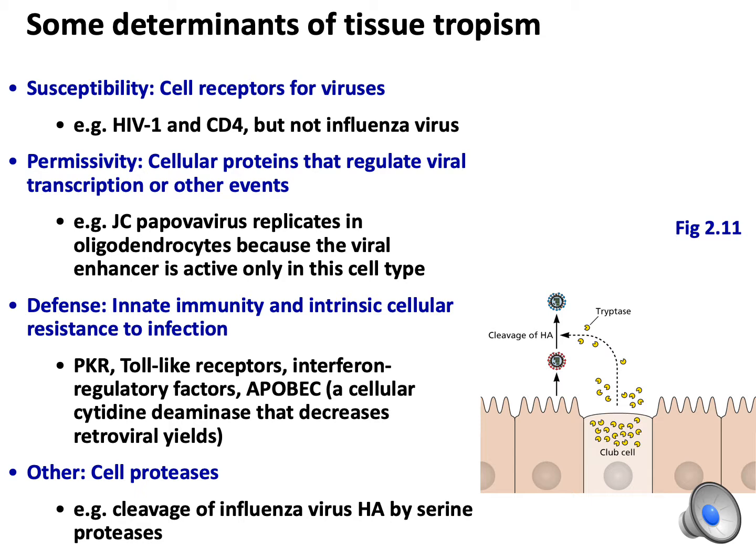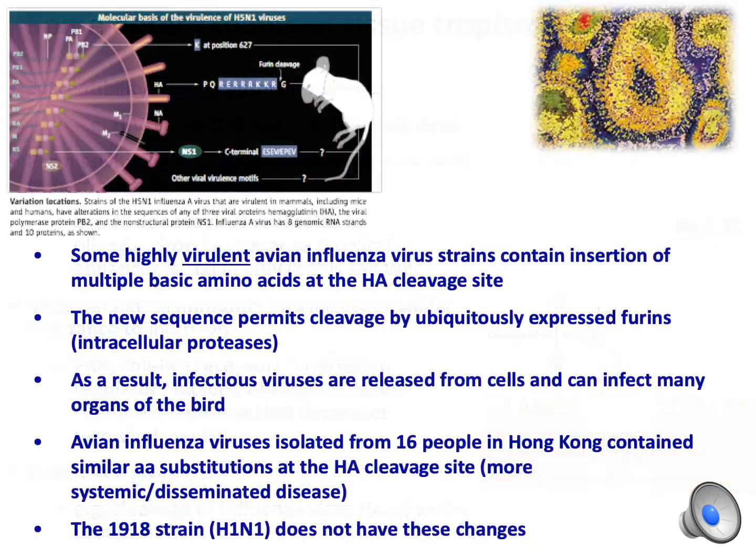Down at the bottom, you see information about cell proteases, and we've talked about the fact that cleavage of the influenza virus hemagglutinin by respiratory secreted serine proteases is critical to the pathogenesis of normal variants of influenza virus, and it's only the highly pathogenic avian influenza viruses that have highly basic amino acids right at the furin cleavage site that allows that HA to be cleaved during assembly.